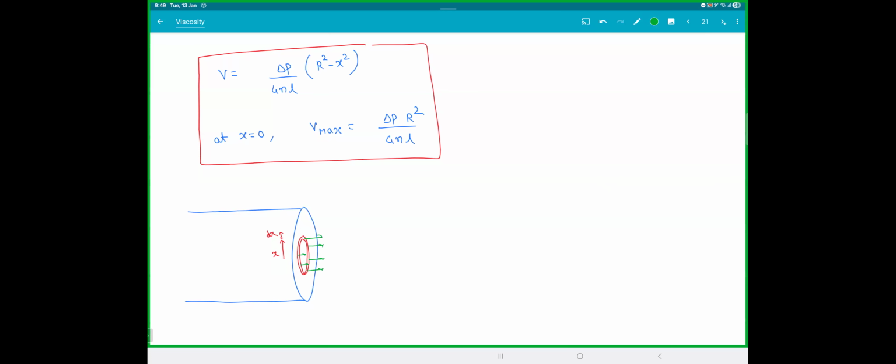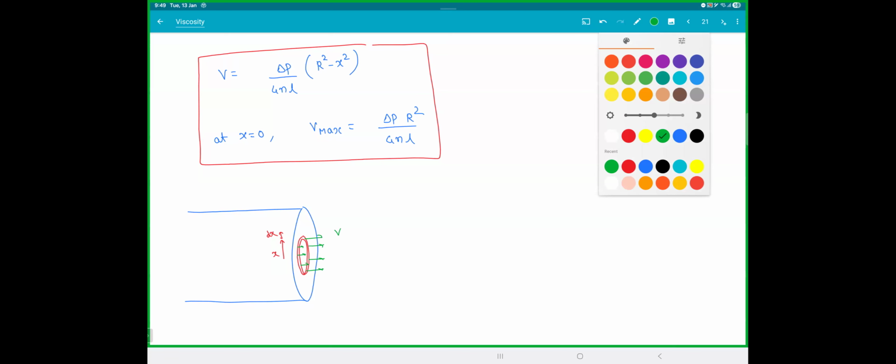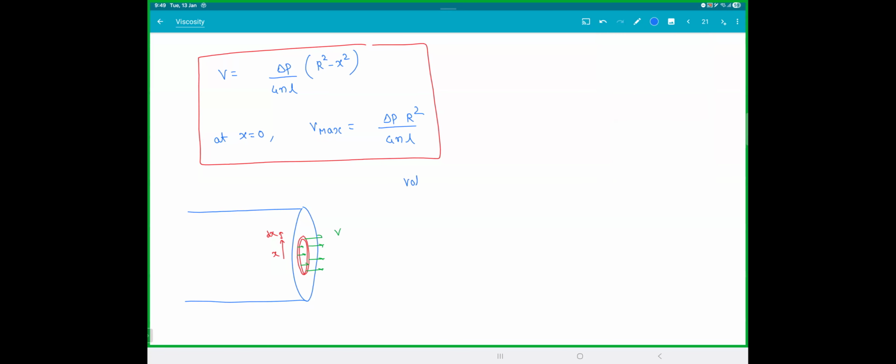And we studied in fluid mechanics, remember volume flow per second? Volume per second through the thin cross section is area into velocity, A into V. If you remember the equation of continuity, maybe we did this thing.